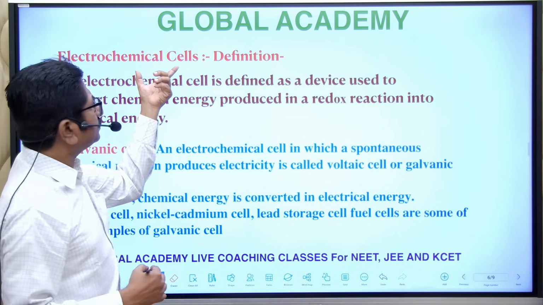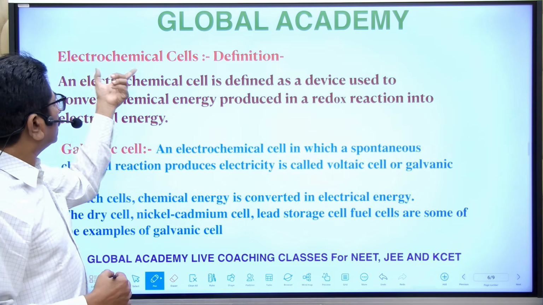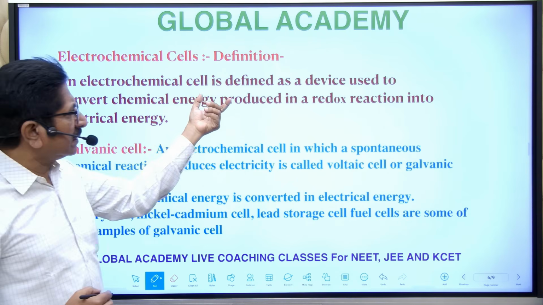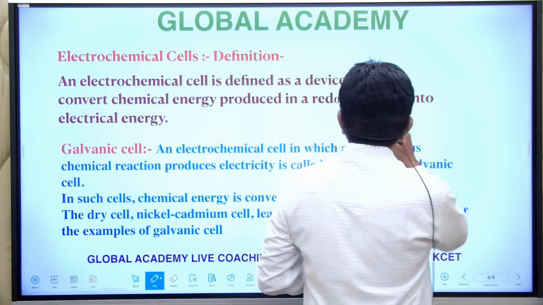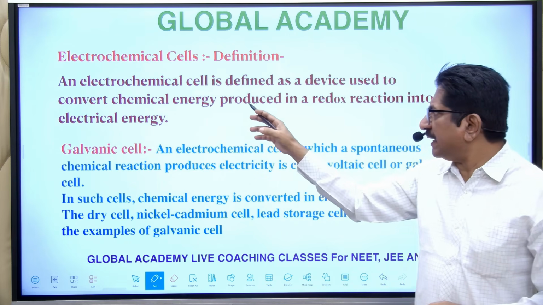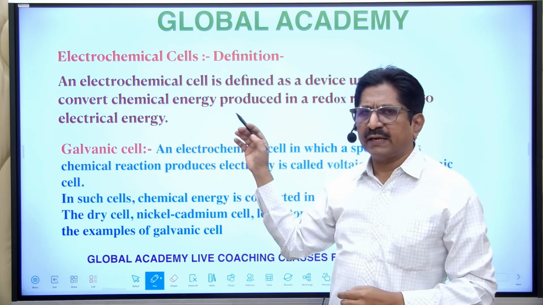Now let's see the definition. What is the definition of the electrochemical cell? An electrochemical cell is defined as a device used to convert chemical energy produced in the redox reaction into electric energy.